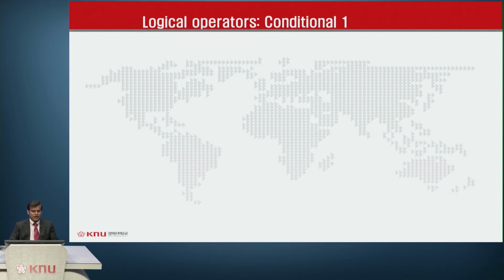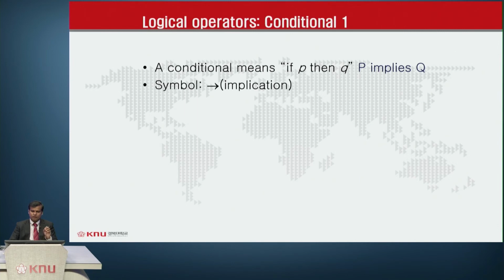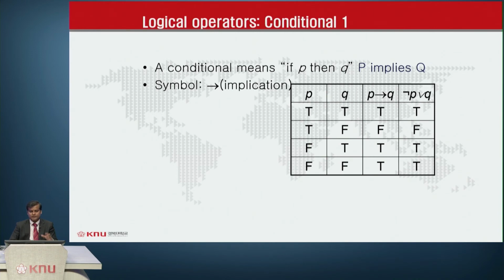Then comes another important logical operator, called the conditional operator or conditional operation. A conditional means if P then Q, P implies Q. We call the arrow the implication operator, and here is the truth table for this implication, the conditional operator.